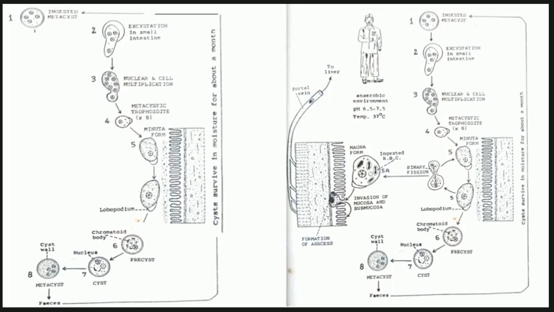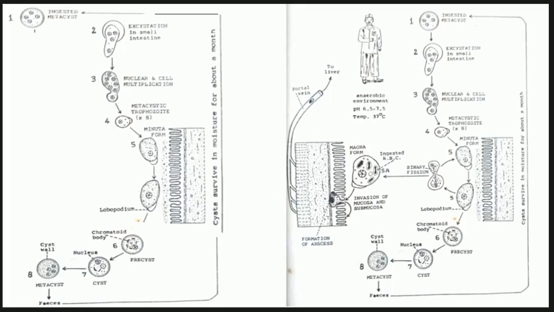In which the organism comes out, initially with 4 nuclei, then 8 nuclei, then suddenly the 8 nuclei separate, and you have the metacystic trophozoite stage, and minuta formation. That may lead either to the minuta getting converted into the metacyst, or at the same time it may get converted into the magna form.